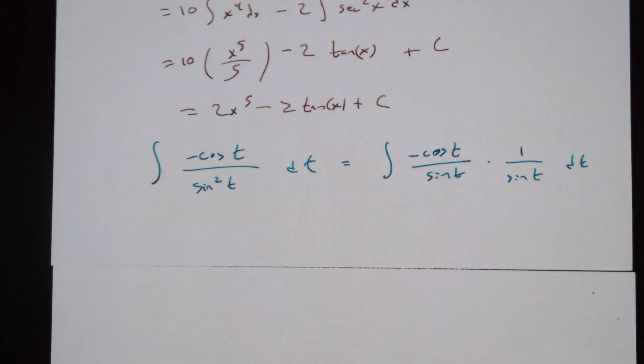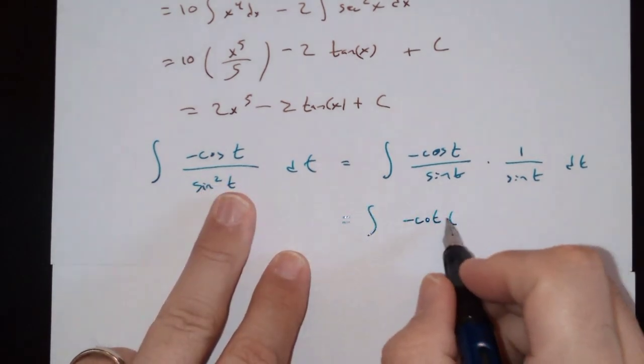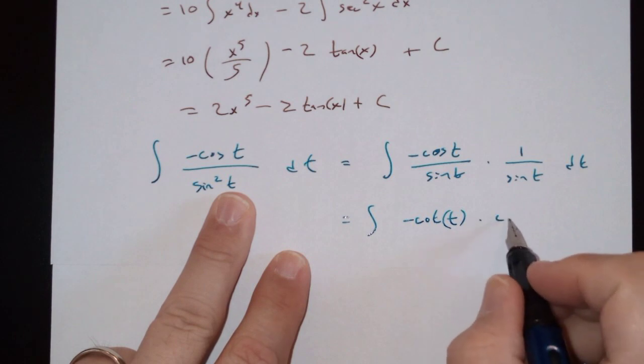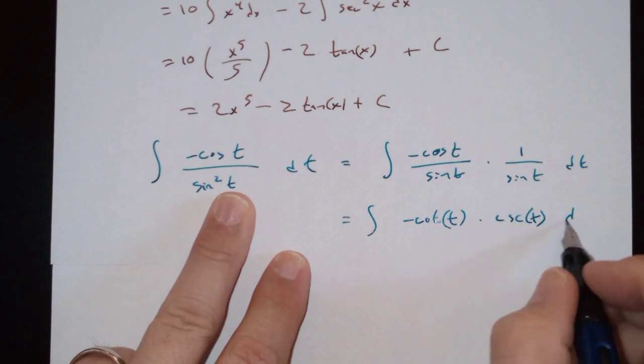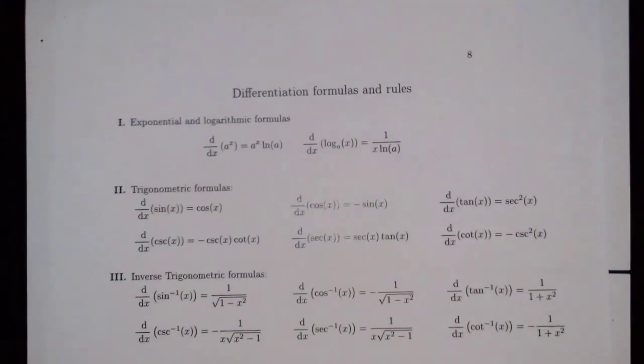It's cosecant. And cosine over sine, cotangent. So I can rewrite this as minus cotangent times cosecant. And all of a sudden, bing, bing, bing.